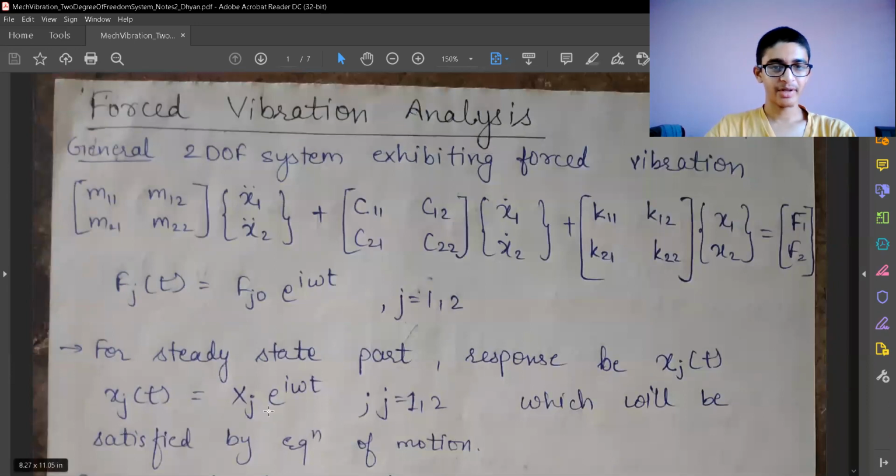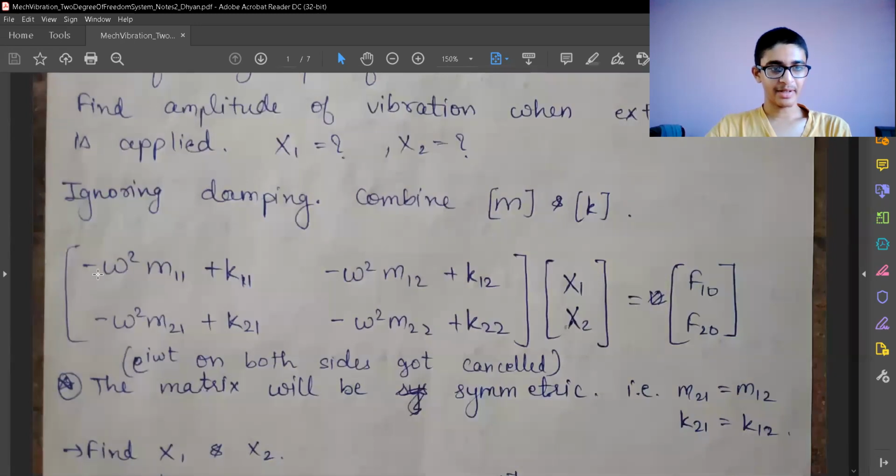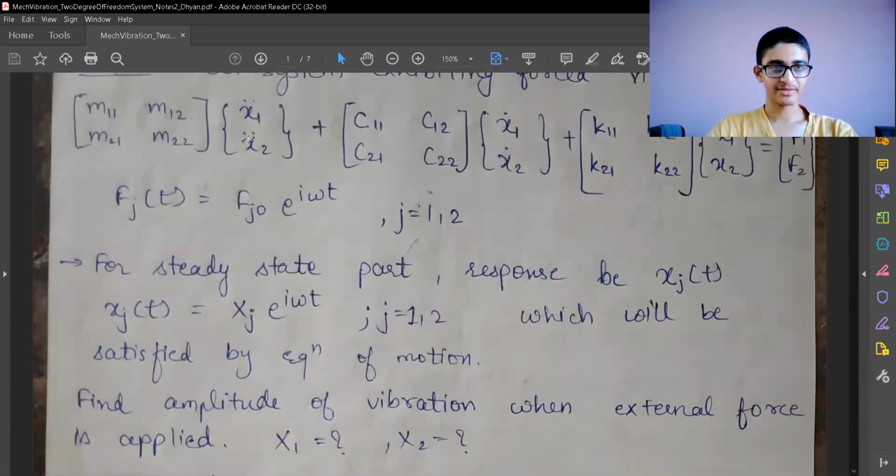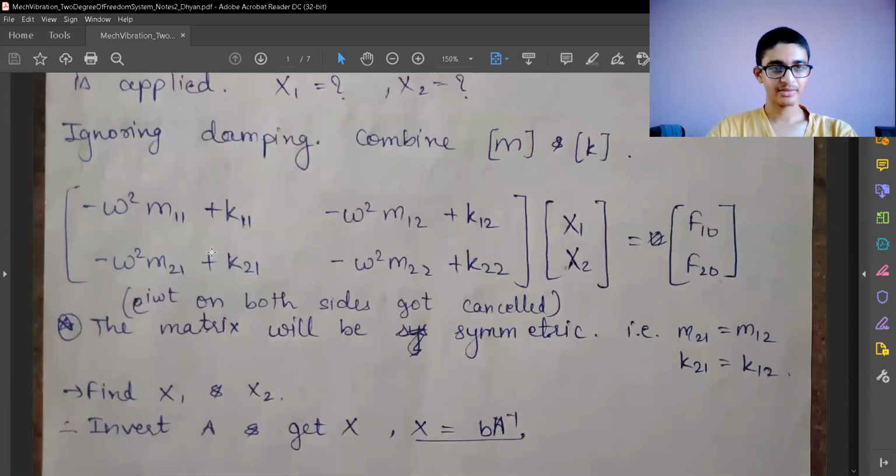When we differentiate it 2 times, the i square is going to come, the iota square value is -1, and that -1 is incorporated in front of the mass matrix. So the mass matrix is going to face that -1, and omega square is also coming, so minus omega square is over here.